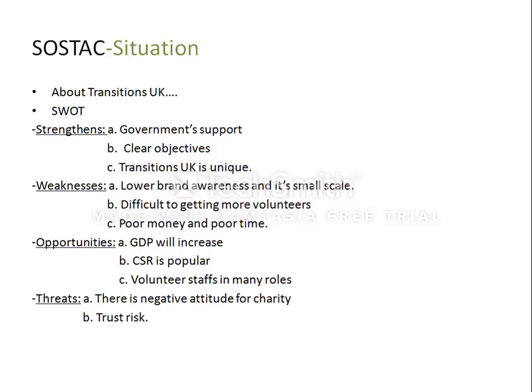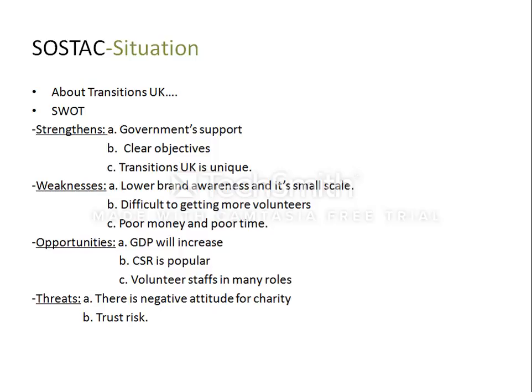Transitions UK is a charity organization. It was founded in 2014. It currently serves about 40 young adults who have learning disabilities, between 14 and 25 years old, and it has 55 young volunteers.